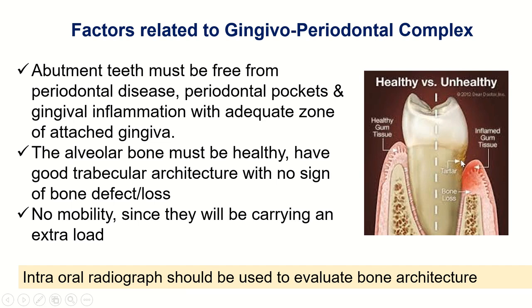In comparison, the other side shows calculus, plaque, gingival inflammation, and bone loss. Of course, in such a condition we cannot use this abutment for a fixed partial denture unless it receives periodontal treatment and becomes healthy or almost healthy. Then we can decide to include such a tooth in the fixed bridge design.